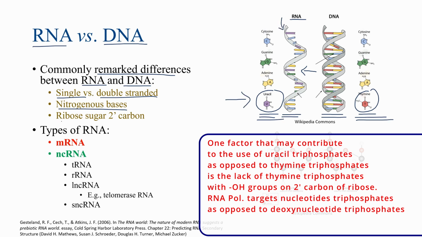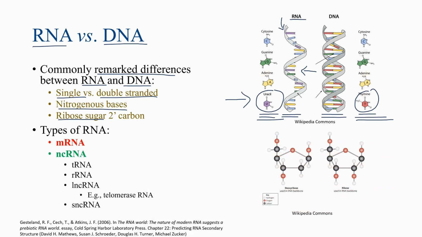And lastly, a third difference that we understand between RNA and DNA pertains to the ribose sugar. Specifically, if you look at the 2' carbon, this right here is the 2' carbon. In DNA, the 2' carbon does not have a hydroxyl group attached to it. So here you can see only 2 hydrogen atoms that are attached to the 2' carbon. And thus, in DNA, we find deoxyriboses.